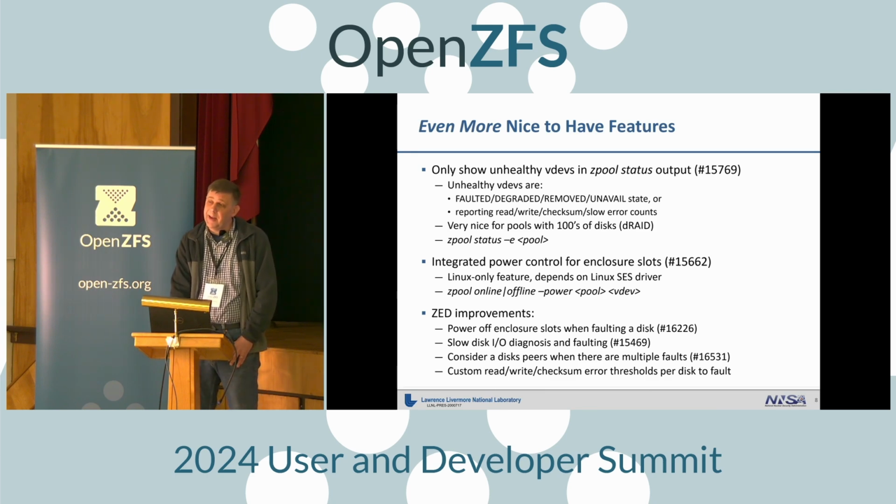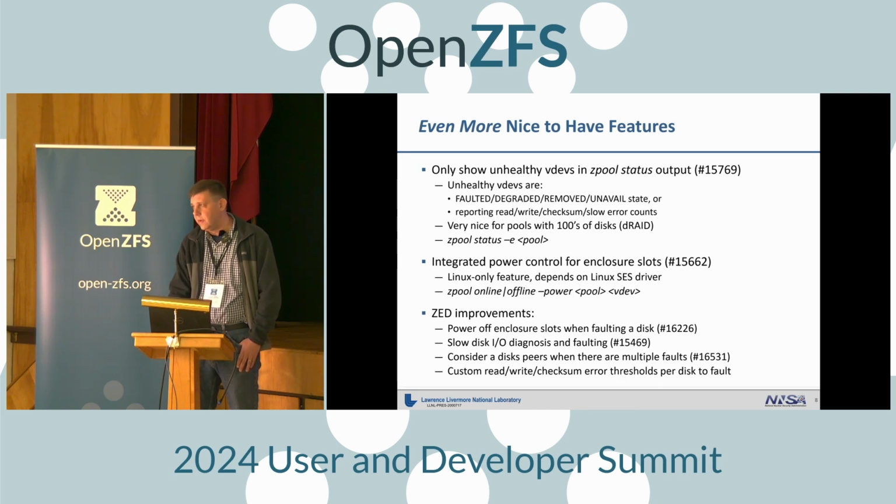So the first one here is one of my favorites, personally. It seems like a little thing, but on the systems I work on, they're typically dRAID pools and they have hundreds of devices. And when you run zpool status, 100 devices is too many to see the output when you're looking for something that goes wrong, right? So you can use zpool status -e and it will show you any vdevs, and only those vdevs and their parents, that are unhealthy, right?